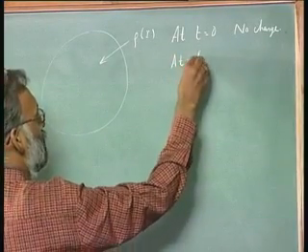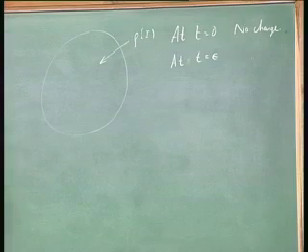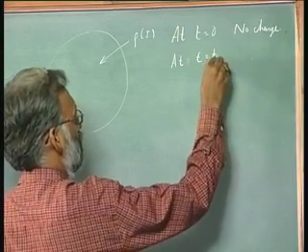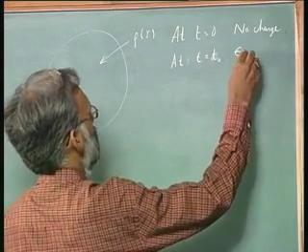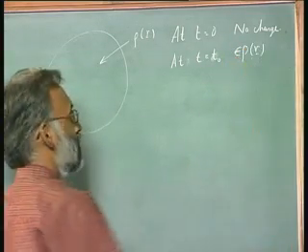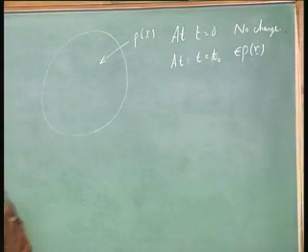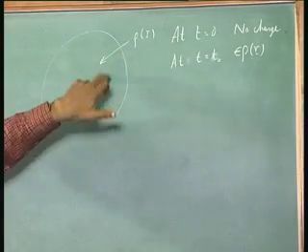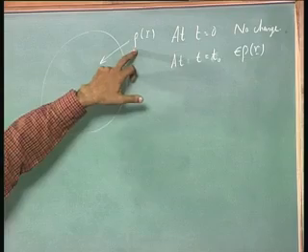At t equals epsilon, or say t equals t naught, I have everywhere epsilon rho of r. That is, I have taken 1% of all the charge and put it everywhere. The shape is the correct shape, but much less charge, only 1% of the charge.